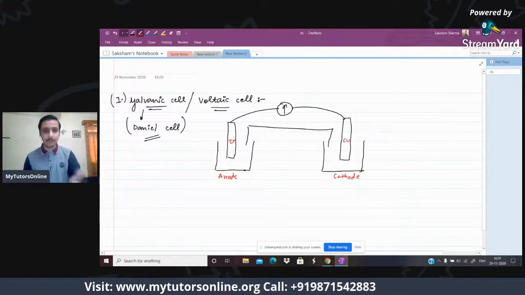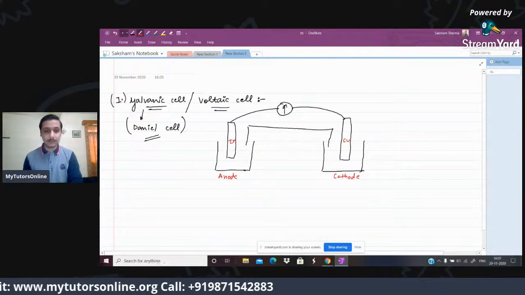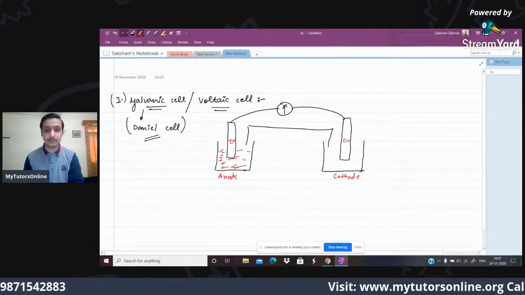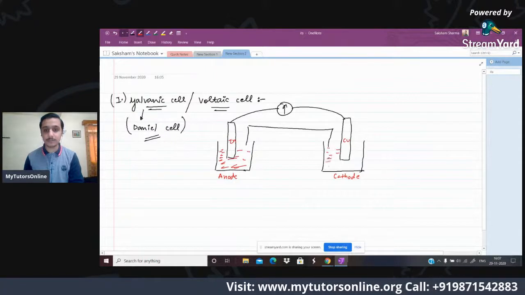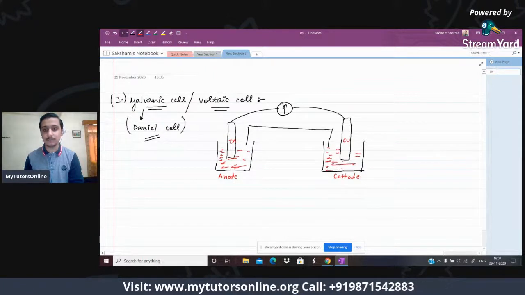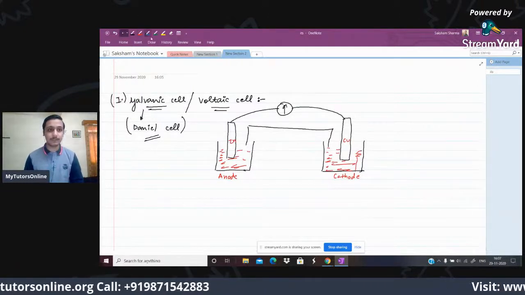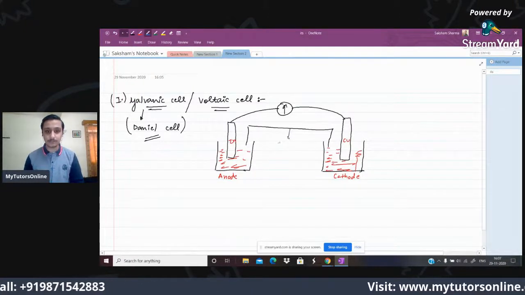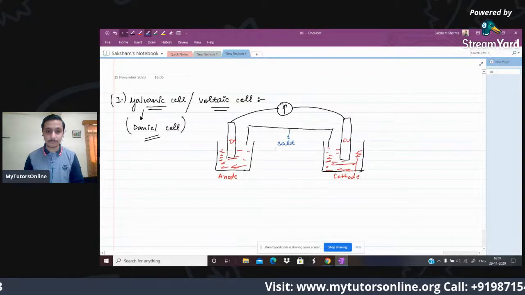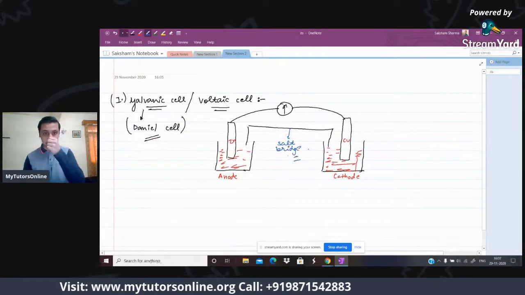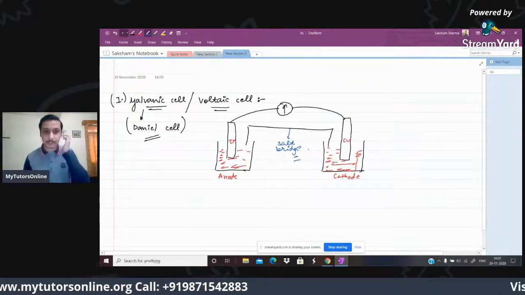I will tell you later on. Now, this is filled with some electrolytic solution, and here also this is completely submerged in some electrolytic solution. Now, this is a salt bridge. I shall tell you the function of the salt bridge also when we study this.